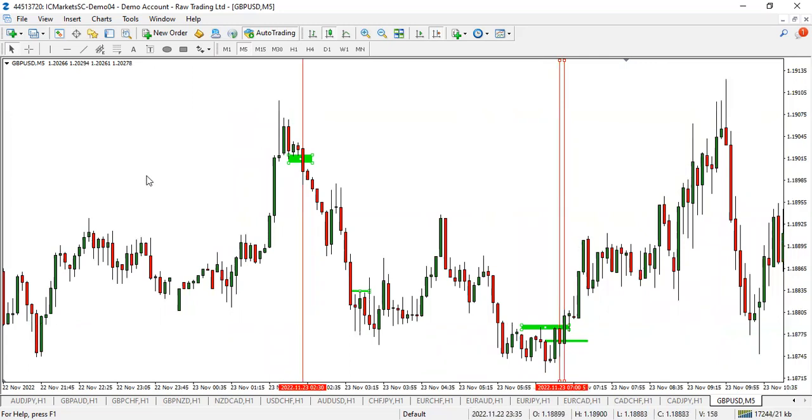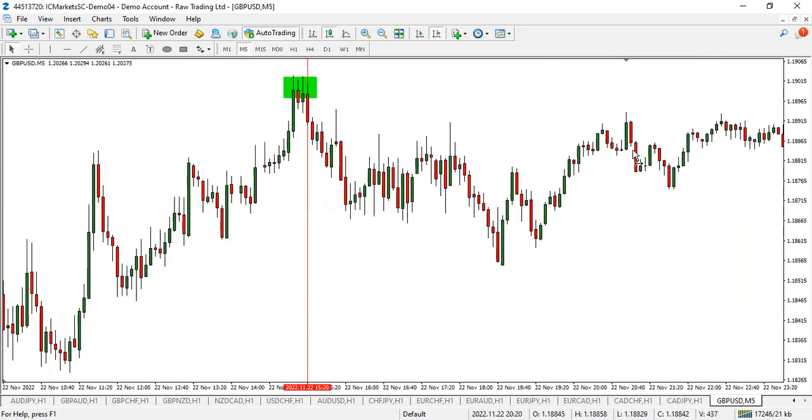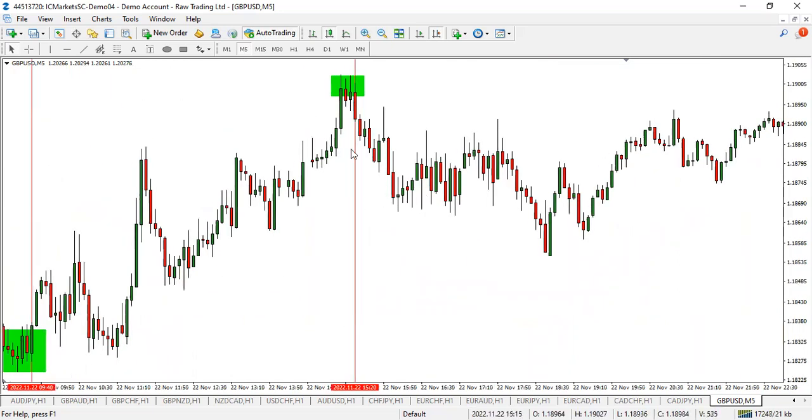Sometimes we miss them. No problem as long as you're safe. Another one is this one. This is the candle that broke the neckline, entry immediately, or you can open some positions and then put a pending order for other ones anywhere from here, and then it's activated.